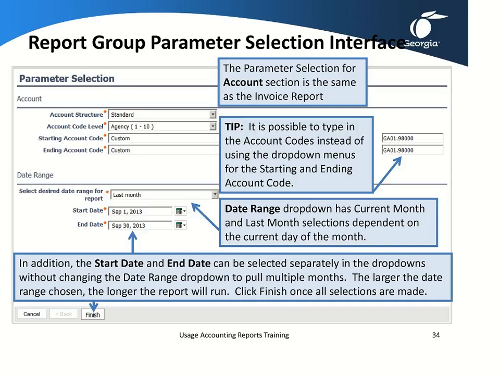Okay, a lot of notes on this screen. First, parameter selection is the same as the invoice report when you look at the invoice detail. So everything we talked about as far as not touching the account structure, choosing your account code level, the starting account code and the ending account code, that's all the same.